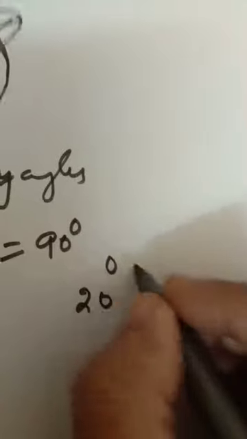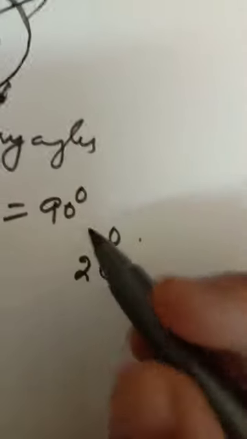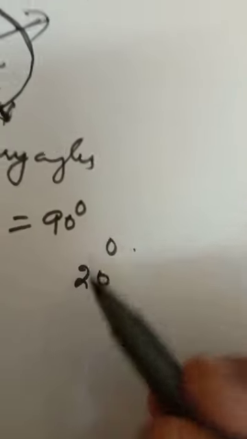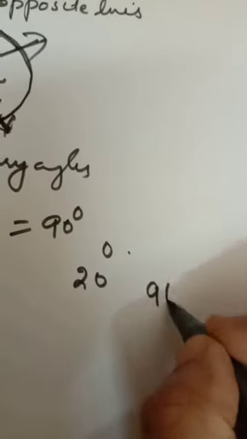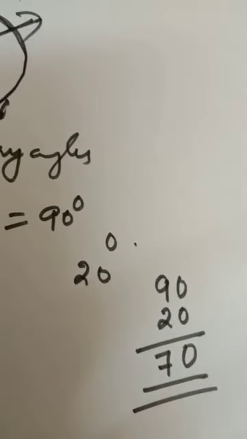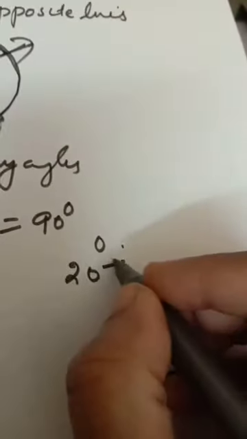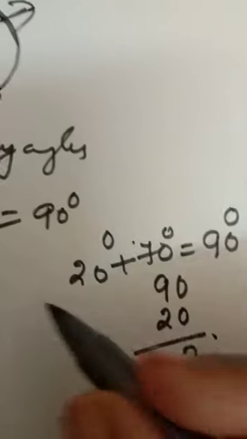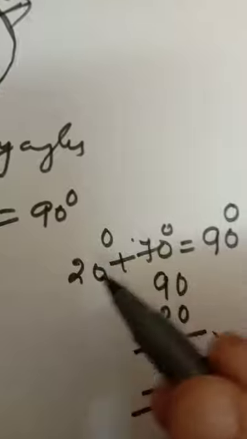What is the complementary angle of 20 degree? That means which angle you have to add with 20 so that you will get 90 degree. So straight away you subtract 20 from 90, what is the answer? 70 degree. Okay. Now you check it, 20 plus 70, that is 90 degree. So these two are called complementary angles.